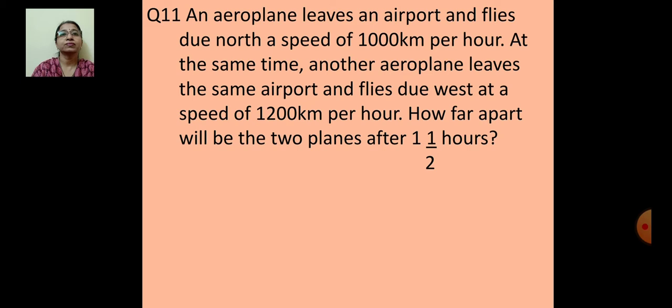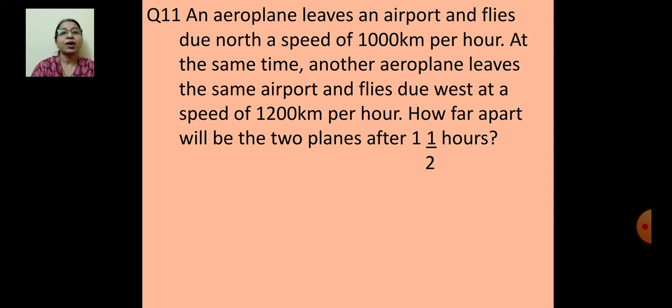Next question. An aeroplane leaves an airport and flies due north at a speed of 1000 km per hour. At the same time, another airplane leaves the same airport and flies due west at a speed of 1200 km per hour.